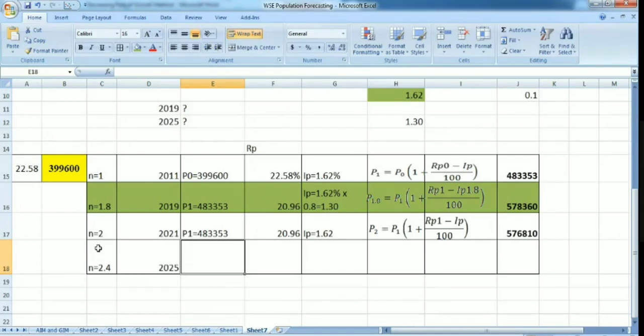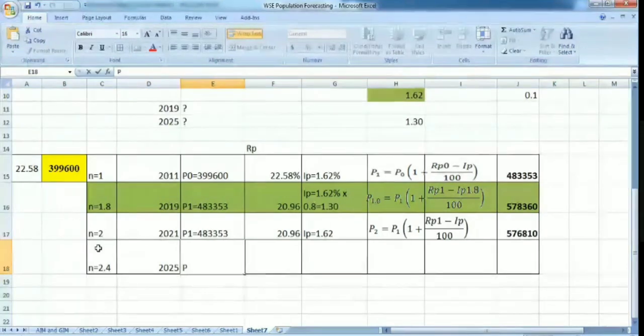Is there any confusion in calculating the number of decades? No, sir. Okay, what will be the population that I need to consider here? 5,76,810, that is P2.